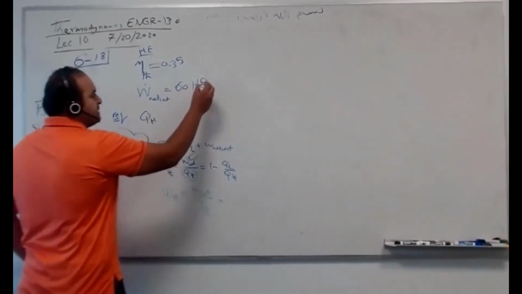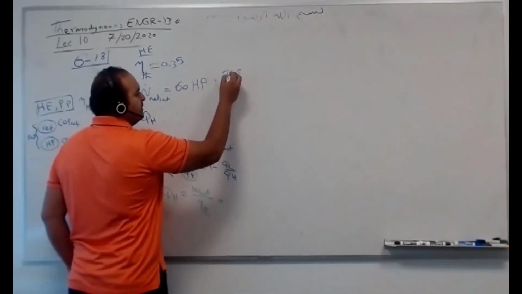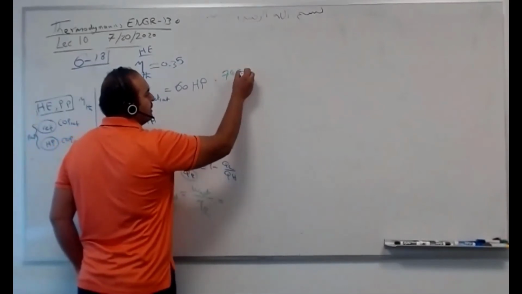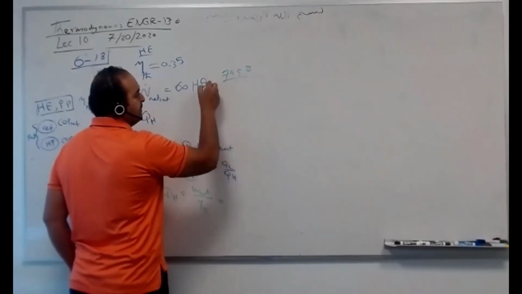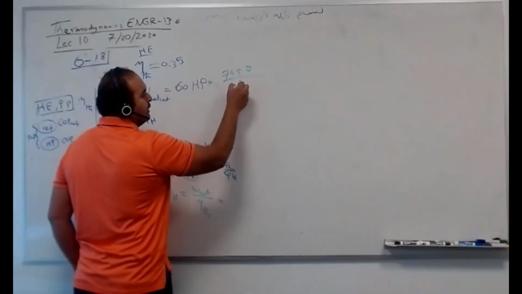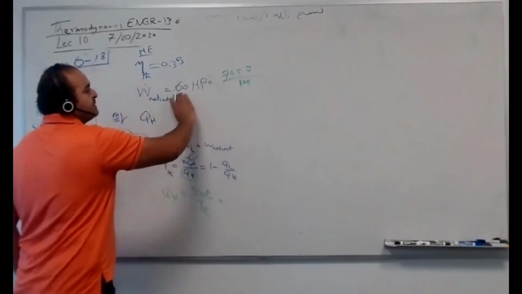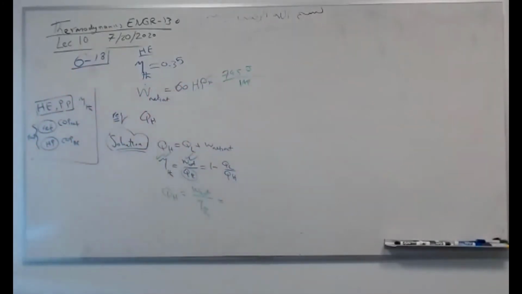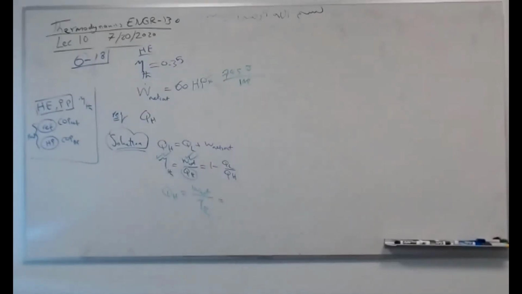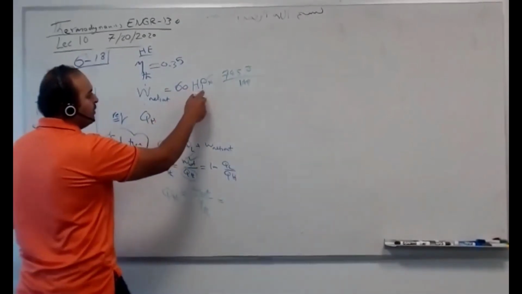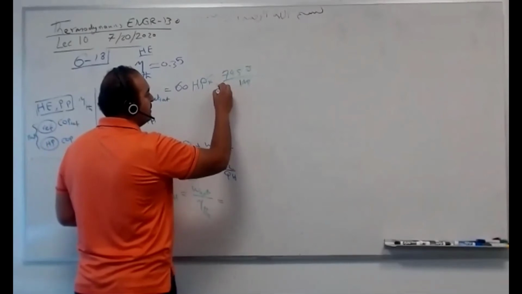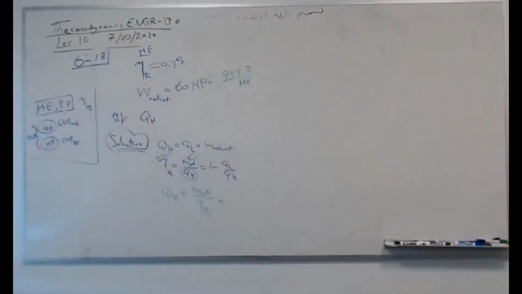If you want to convert this, multiply by 0.745 kilojoule per second per horsepower, since 1 horsepower equals 0.745 kilojoules per second. Of course, this is per hour, so we have 3,600 seconds.